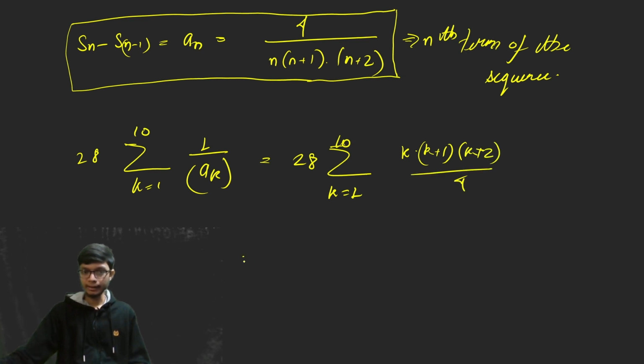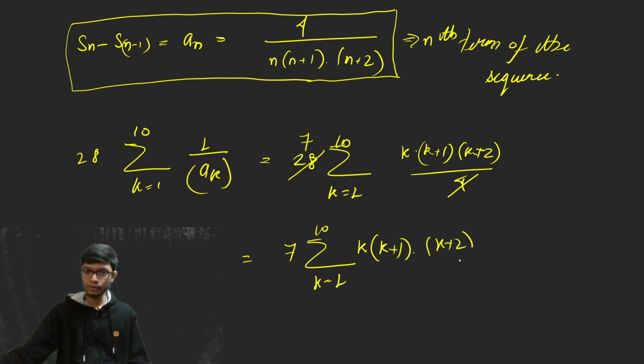That is the expression that we need to evaluate. If you take 4 as a constant and cancel it with 28, that is 7 times sigma k equal to 1 to 10 of k into k plus 1 into k plus 2. Now you must know how to solve these types of problems.